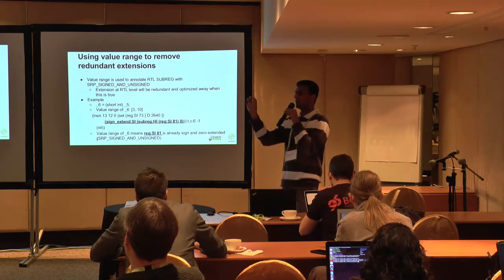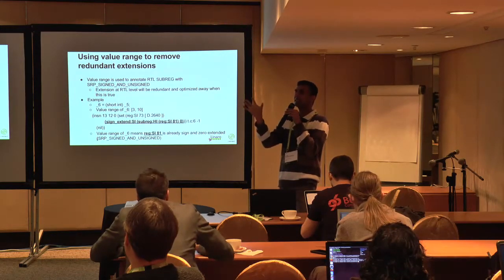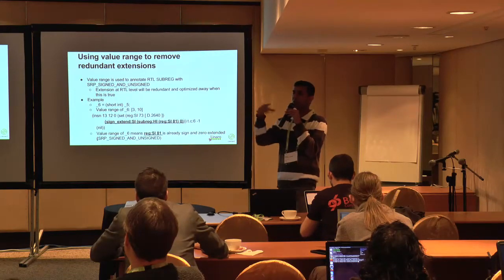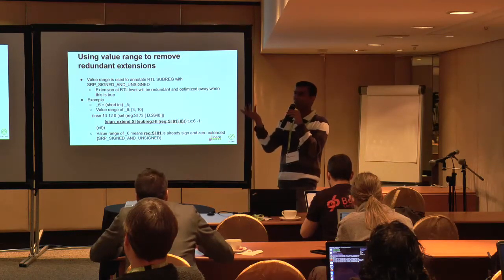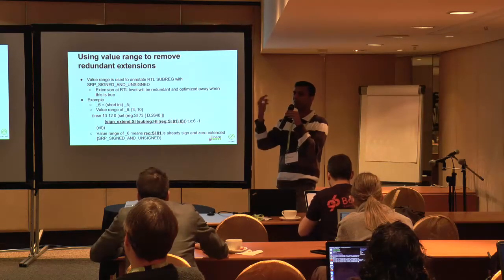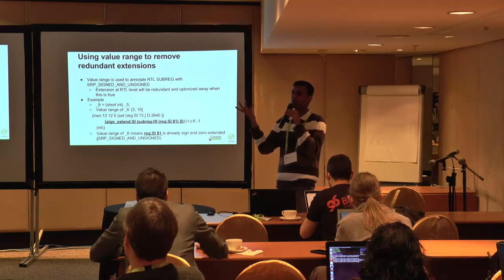If you take that value, subreg it as a half integer and zero extend, you are not doing anything because it's already done. Similarly, if you sign extend, it's going to be the same thing. So the value is already zero and sign extended, and it's a no-op. That information is what we are propagating.